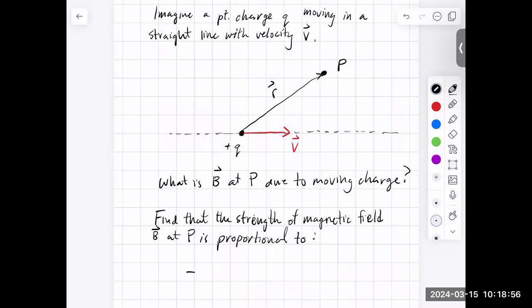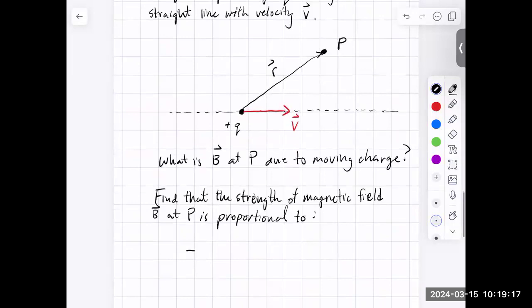It's moving in the same direction with the same velocity, and it's starting at the same position, same distance from P. If we double the charge, we'll find that the strength of the magnetic field doubles. If we cut the charge in half, the strength of the magnetic field would be reduced by a factor of 2.